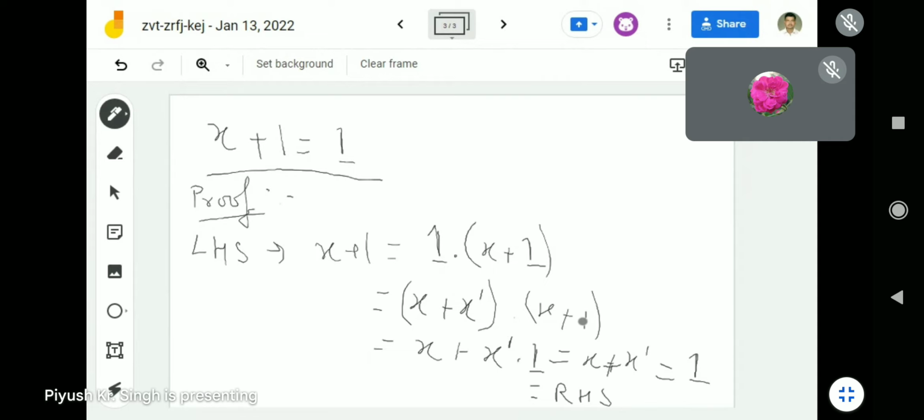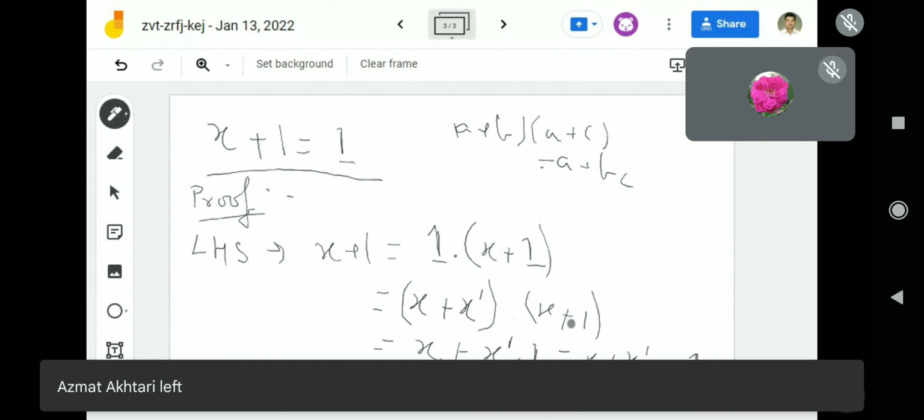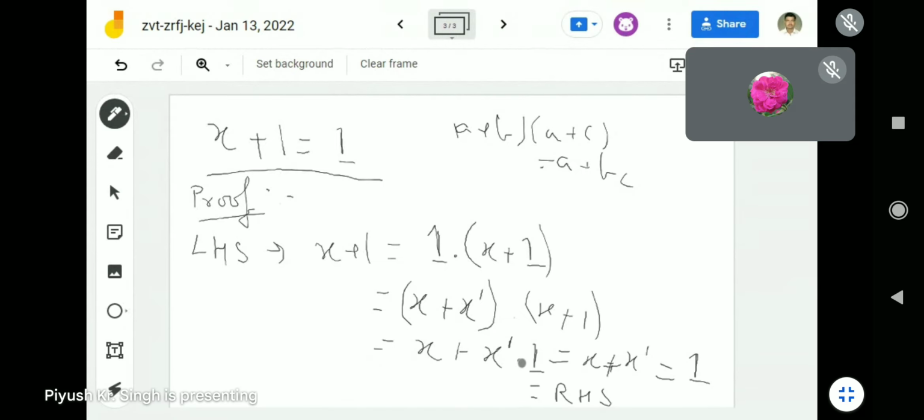Now we are using the formula a plus b into a plus c will be equal to a plus bc. This is x plus x bar, this is x plus 1, so consider this as b and this as c, so it will be x plus x bar into 1.